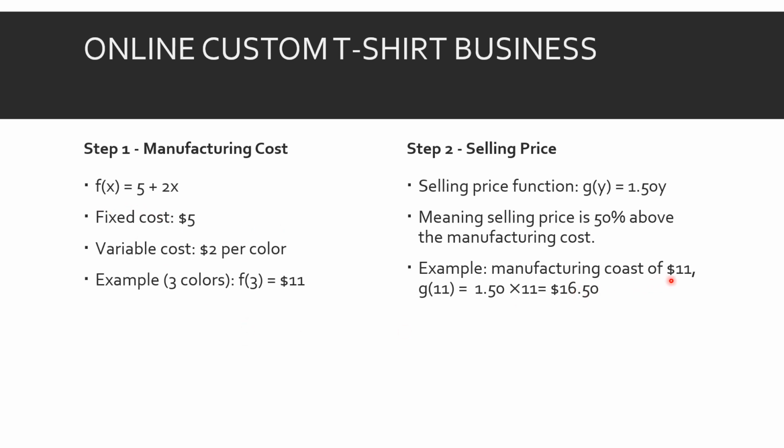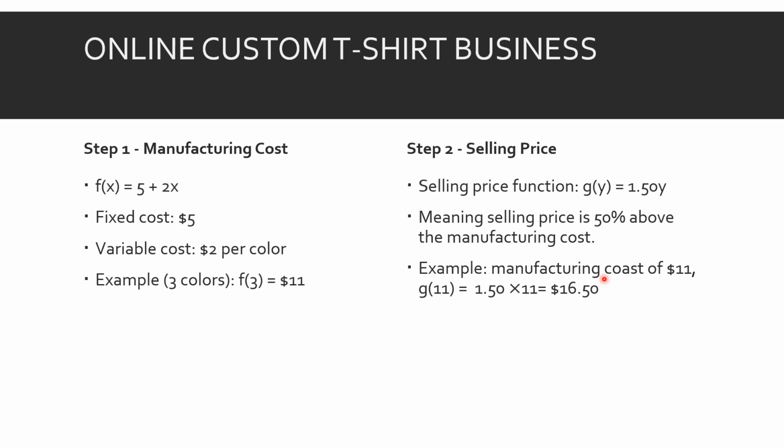So how did I get the manufacturing cost? First, I inputted an object 3, which resulted in an output 11. Now the output 11 is going to be the input for g as the y. So g of 11 will be equal to 1.50 times y, which is 16.50.